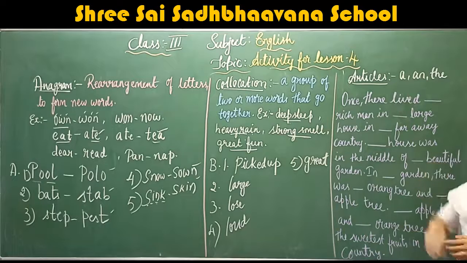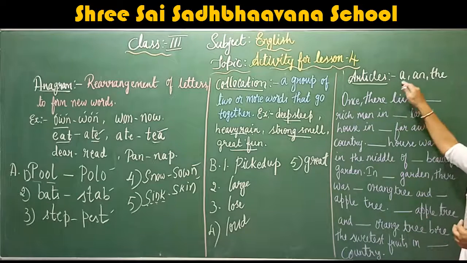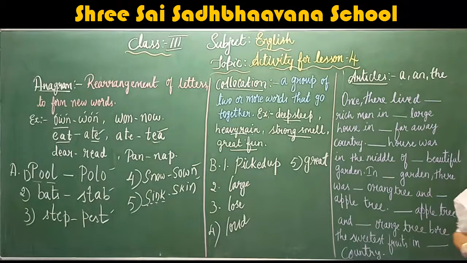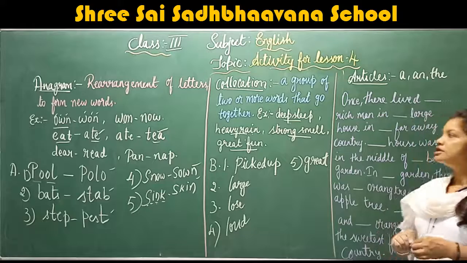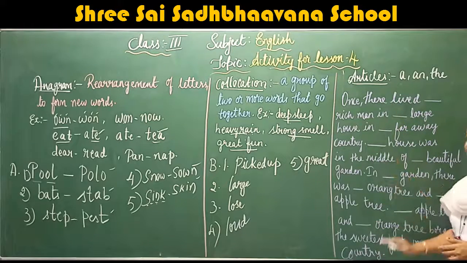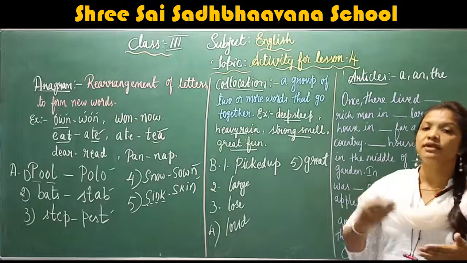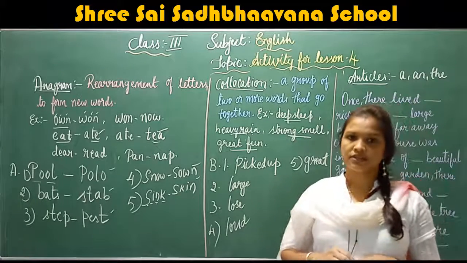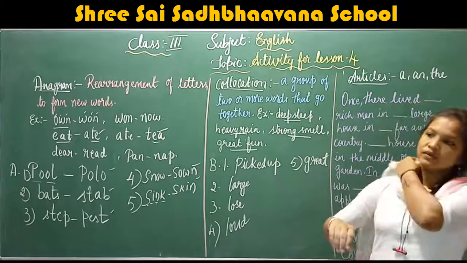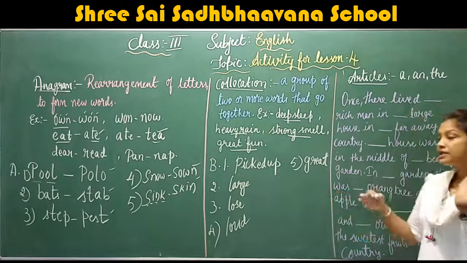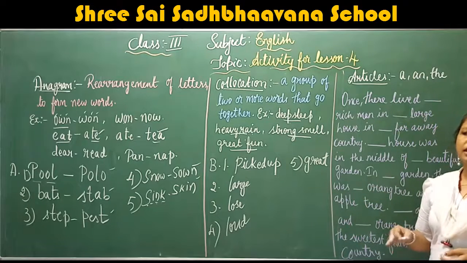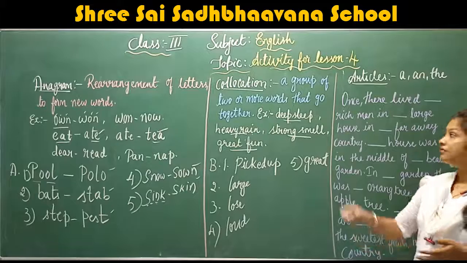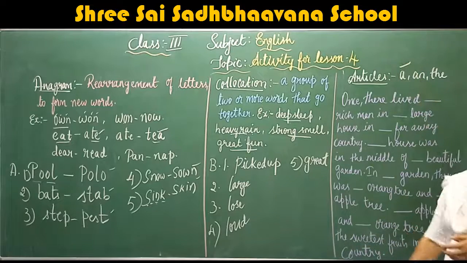Next part is articles. Now, a, an and the are articles in the English language. Right. So here they have given a story and we have some rules for when we use articles. Now what is that rule? When the word begins with a consonant, then we have to use a.